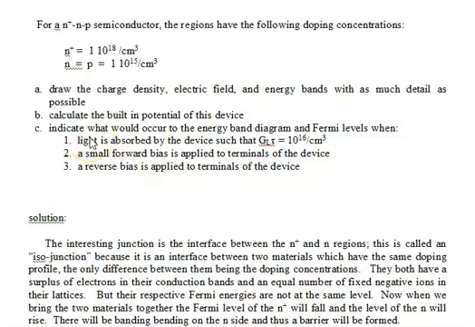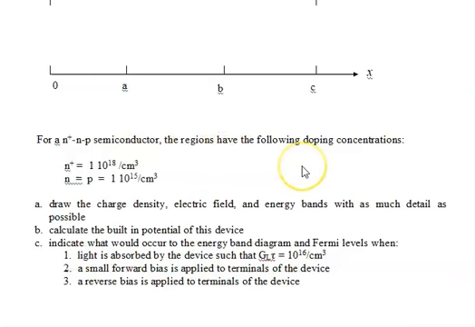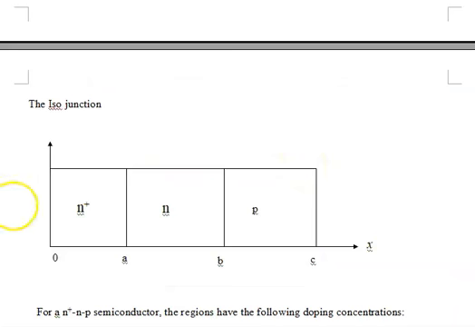Indicate, purely qualitatively, what would occur to the energy band diagram, the Fermi levels, when light is absorbed, and we have a small forward bias applied to the terminals, one terminal here and the other terminal there, not in the middle.